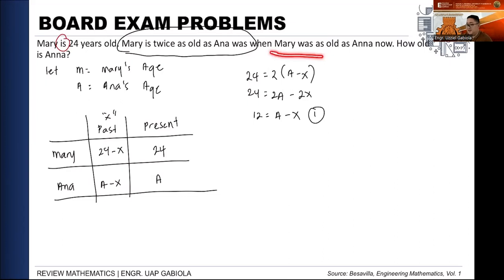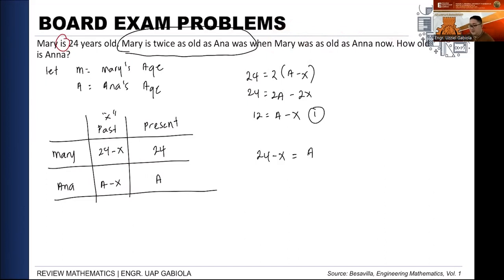Si Mary daw was as old as Anna now. So yung past ni Mary ay equal daw sa present ni Anna, sorry. So ibig sabihin yung past ni Mary is 24 minus x. Equals naman siya sa present ni Anna, which is A. No? How old is Anna? Okay? So ito yung second equation natin.